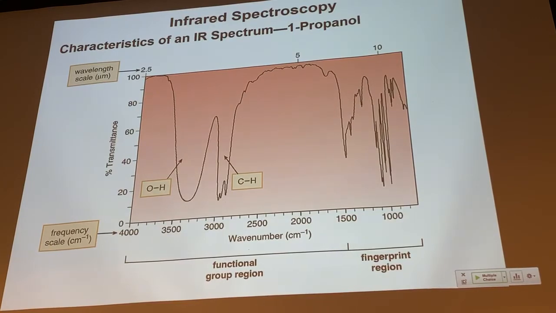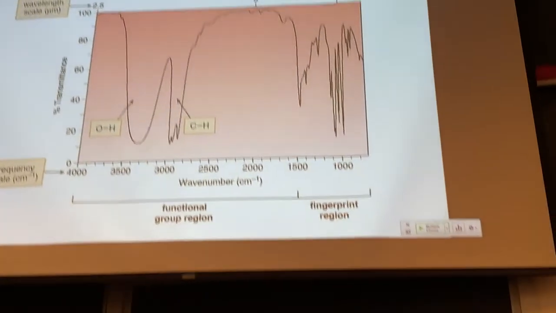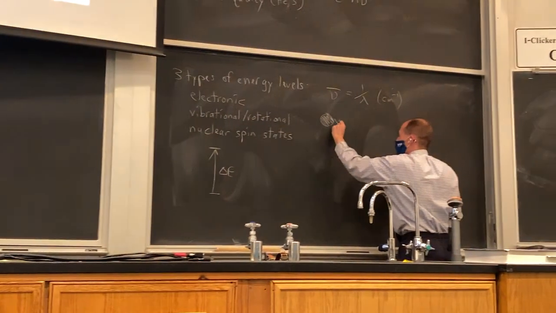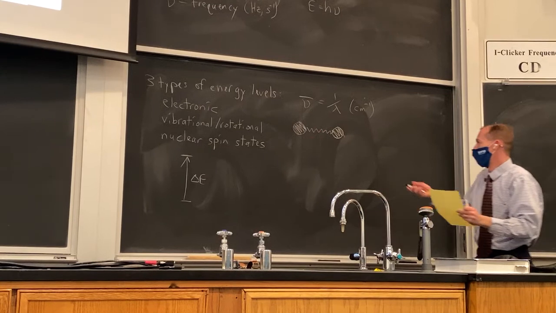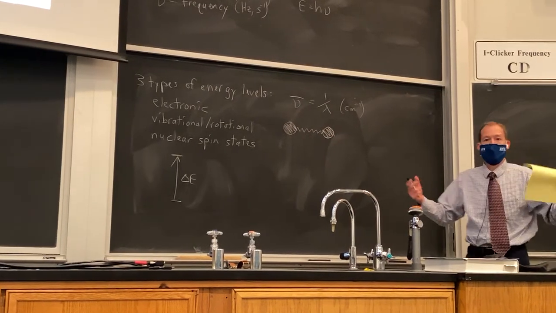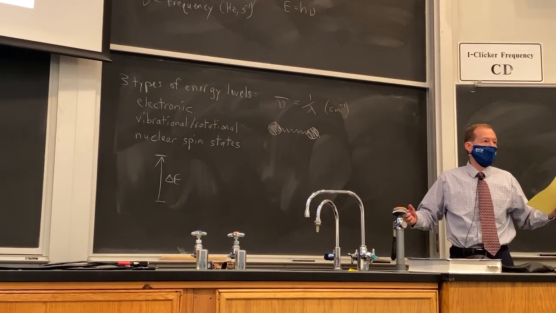Okay, so why are these molecules absorbing IR infrared radiation? The reason is that by doing so, it causes the bonds to stretch or bend. So if we treat our bonds as weights on the end of a spring, here's our spring, which represents a bond, and then we have the atoms on the ends of the bond.